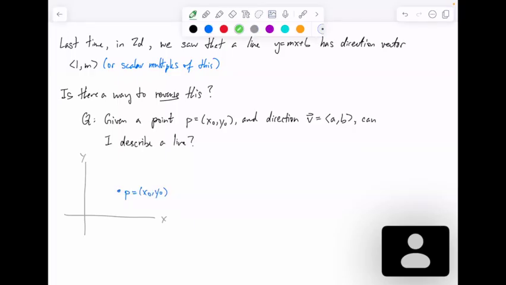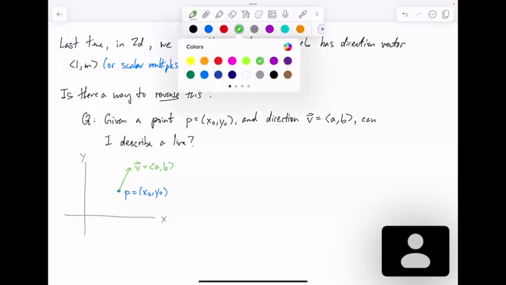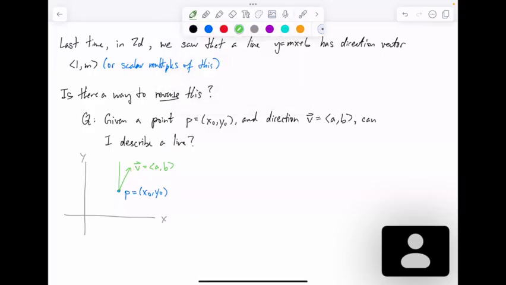And I have a direction v that I want to go in. And in component form, this has components a, b, right? To be clear, this does not mean that this tip here has coordinates a and b. Remember, this just means that if I have an imaginary little different Cartesian plane, adapted to this vector here, and I put x and y here, then this has length a, this has length b, right? That's roughly what this means.